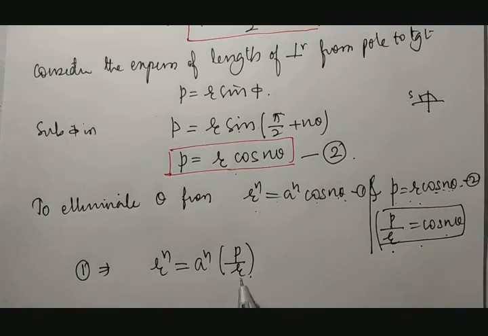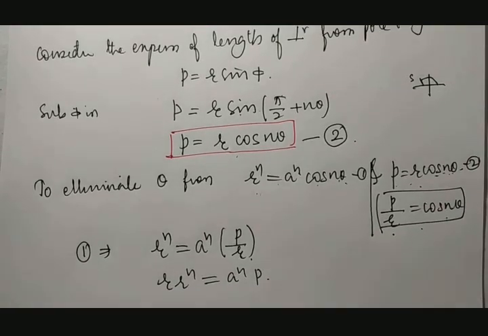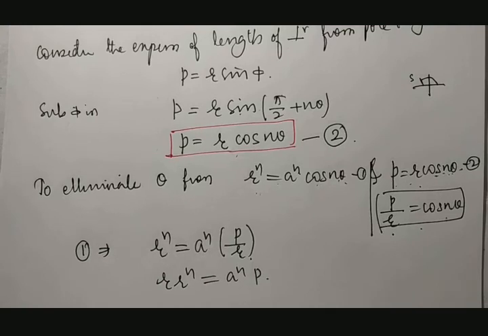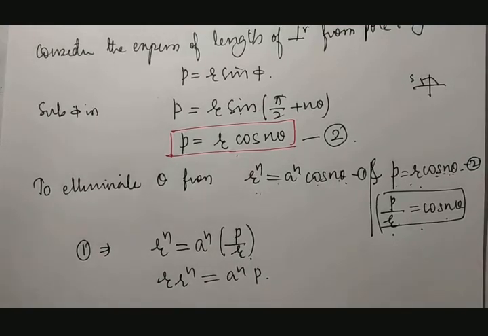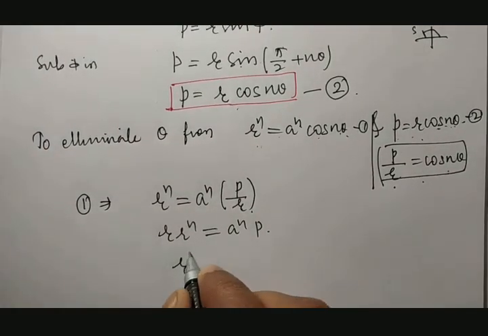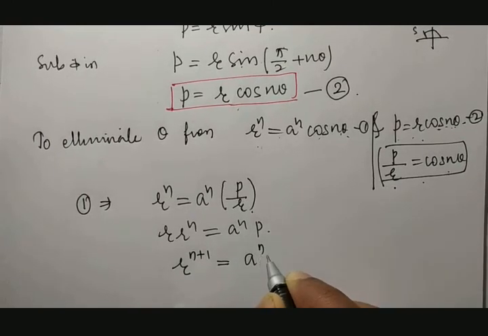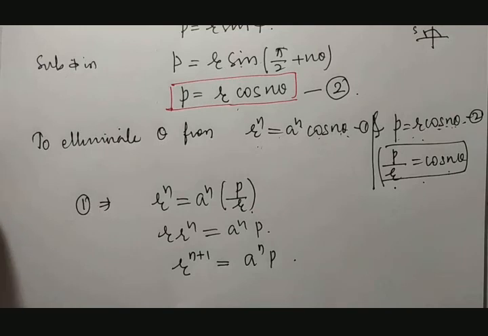Or else, if this r goes to the other end, then it becomes r into r^n = a^n into p. Or else r into r^n is nothing but r^(n+1). So r^(n+1) = a^n p.